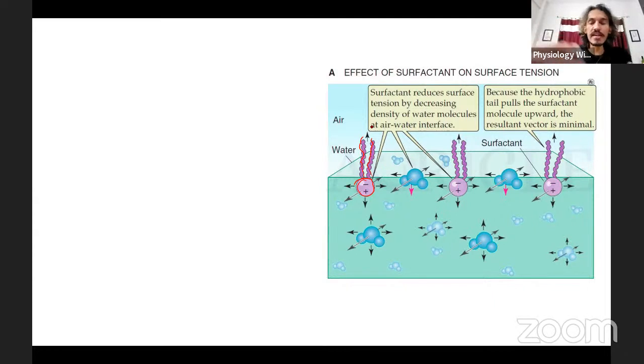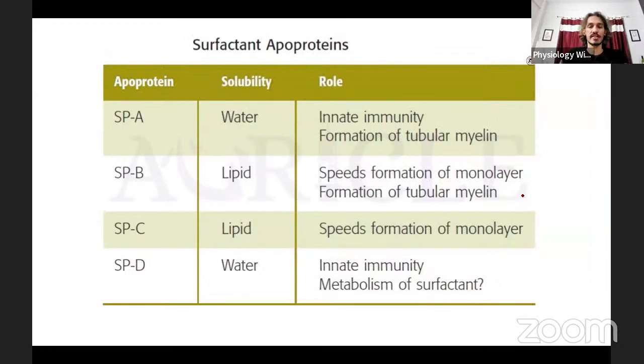So now there is a pull in all directions because of this. It reduces the amount of water molecules or fluid which is interacting at the air fluid interface. It's sort of like competition. It reduces the amount which is interacting, thus reducing the surface tension.